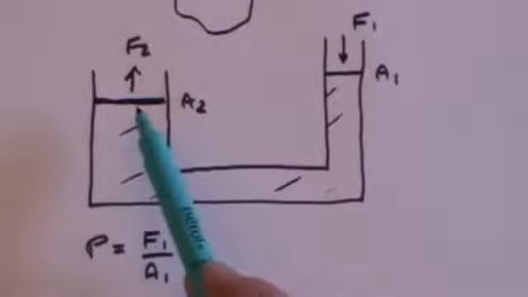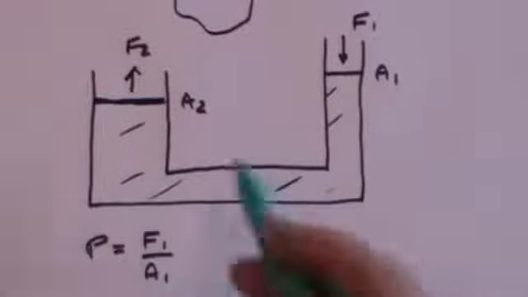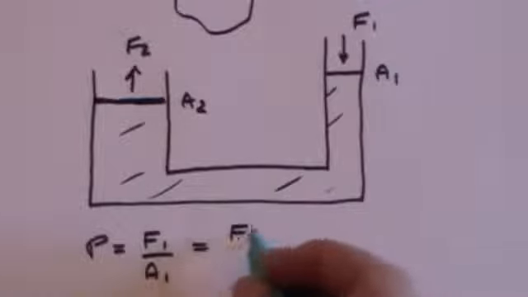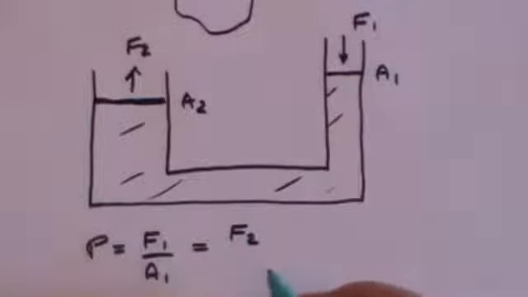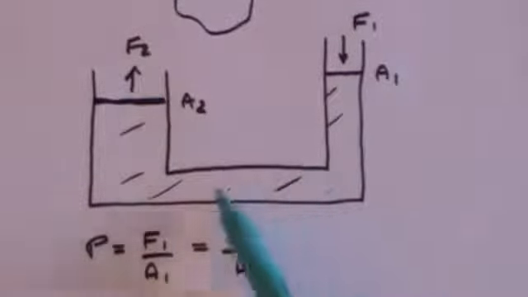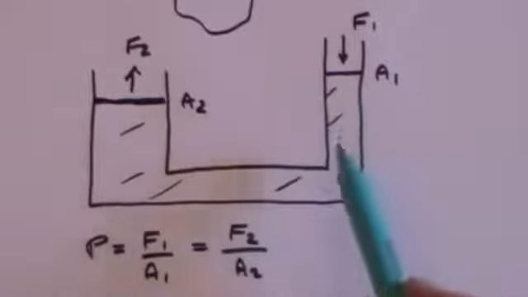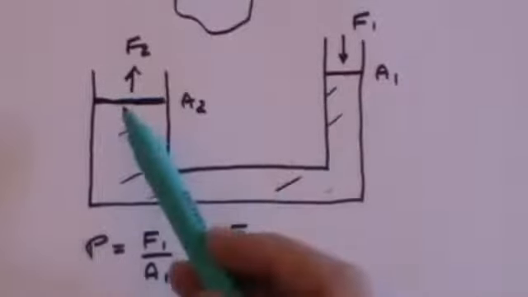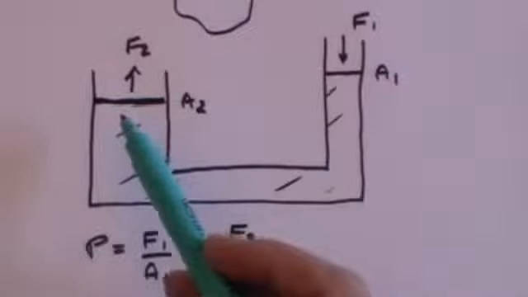And so the pressure here is also going to be force over area, in this case, force F2 over area A2. Right? Pressure cannot be lost. Pressure is transmitted through the fluid in all directions.